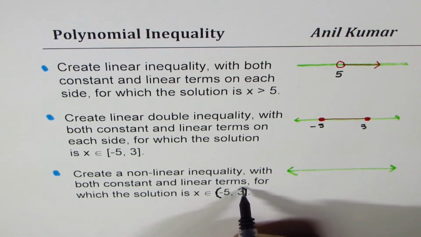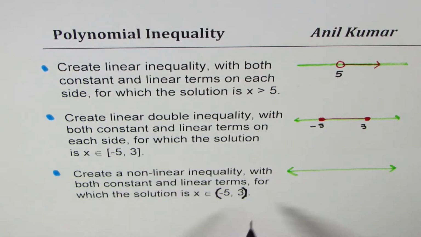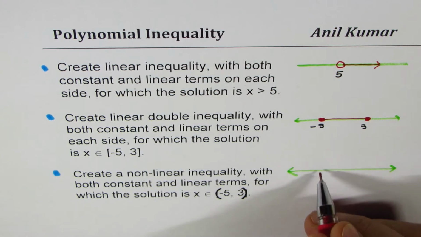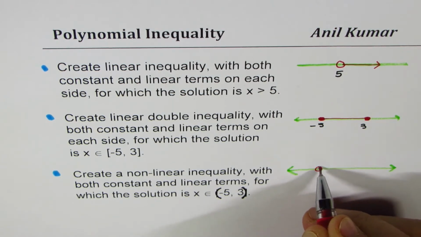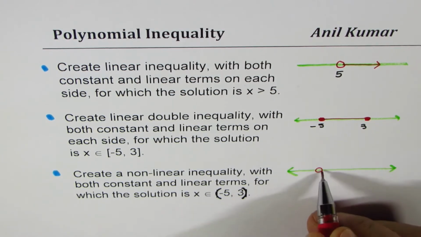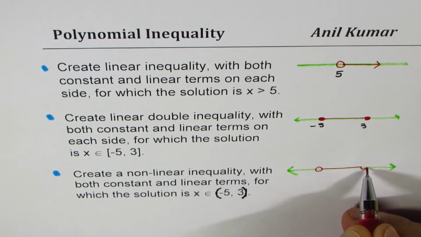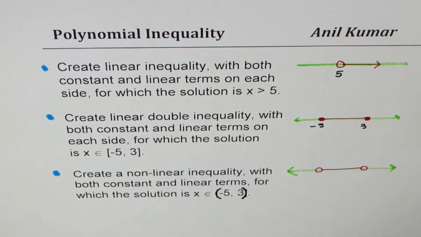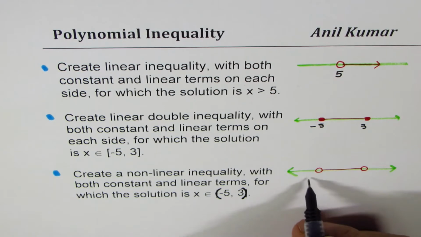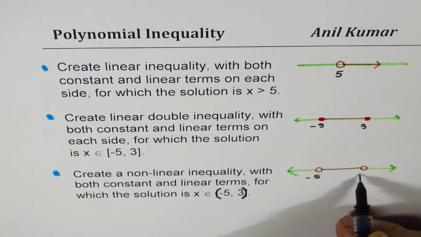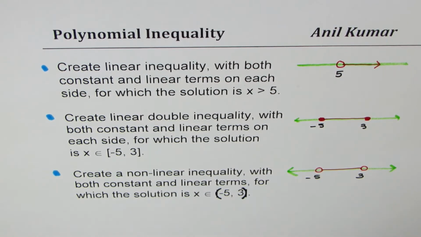I don't want exactly the same. So that really means we are looking for a solution where there are holes at -5 and 3. They are not filled in. So that's the interval, right? -5 and 3. I hope by now you must have given the solution, as it is not that difficult if you know the concept.